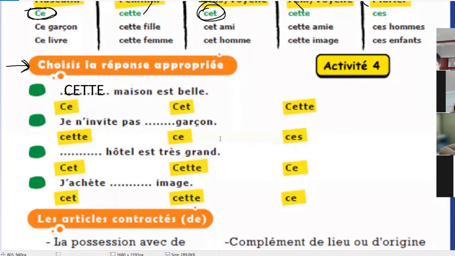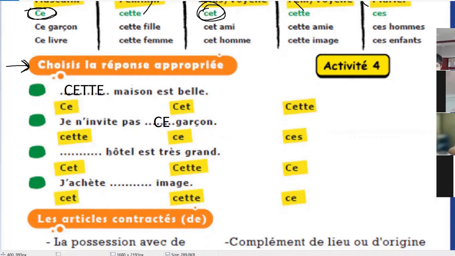With masculine what do we use, everybody? Sir, CE. Very good. Excellent. So with masculine we use CE. So you will write here, Je n'invite pas ce garçon. I do not invite this boy. You can see it's very easy.